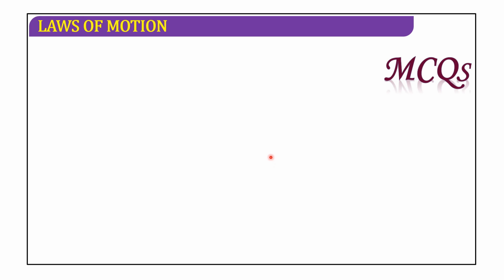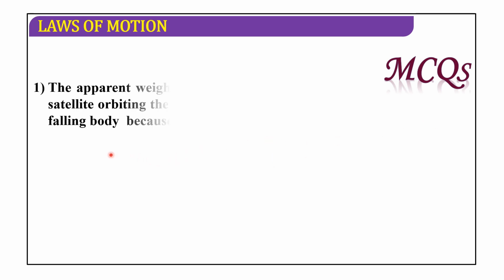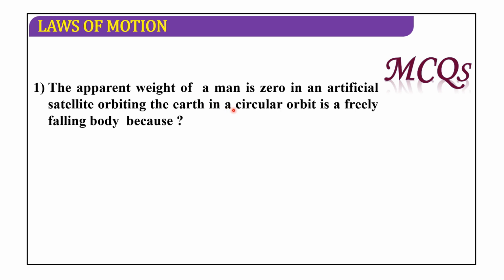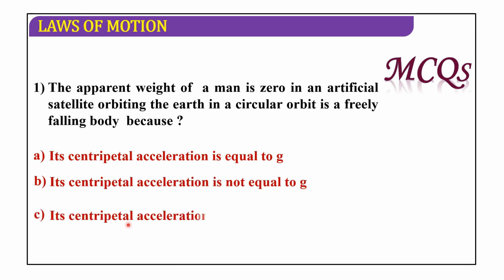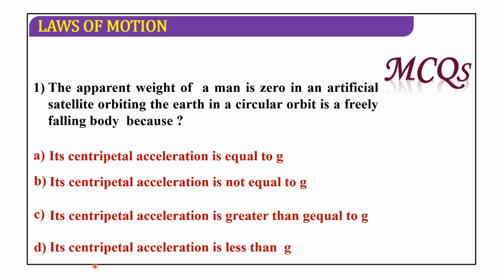Now discuss MCQs. First one: the apparent weight of a man is 0 in an artificial satellite orbiting the earth in a circular orbit, which is a freely falling body, because first option, its centripetal acceleration is equal to g; its centripetal acceleration is not equal to g; its centripetal acceleration is greater than g; and the last option, its centripetal acceleration is less than g.